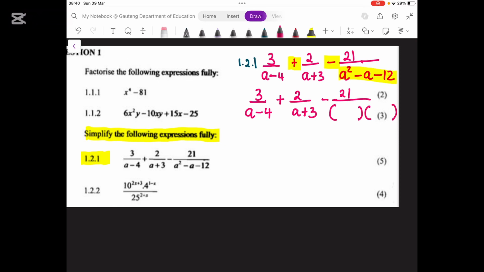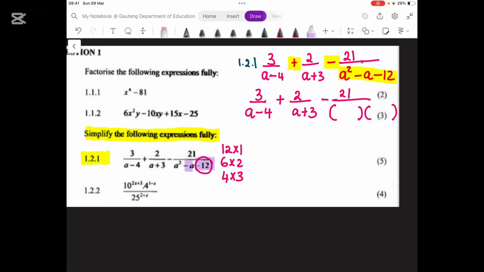We are looking for factors of 12. Factors of 12 are 12 and 1, 6 and 2, and then 4 times 3. But the factors that we are looking for, since 12 is negative, we need to subtract them, and they must give us 1, because the number in front of a is 1.